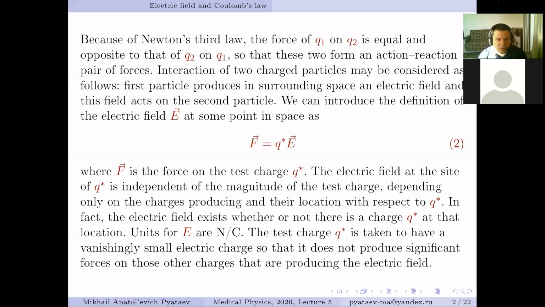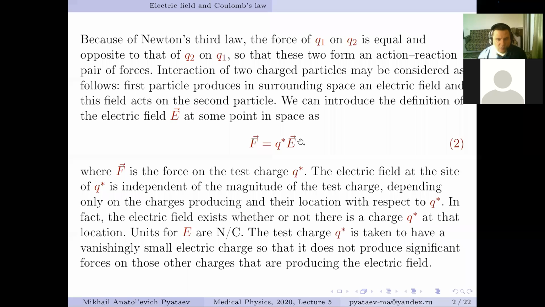We can see that the force is always proportional to the charge. That's why we can say that the first charge produces an electric field, and this field acts on the second charge. In this case, the force will always be proportional to charge and field.